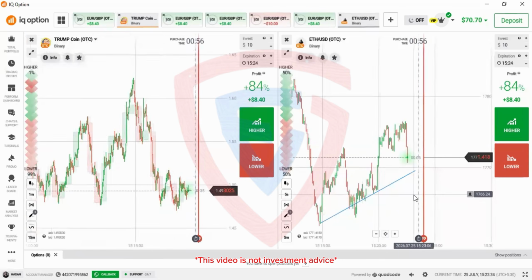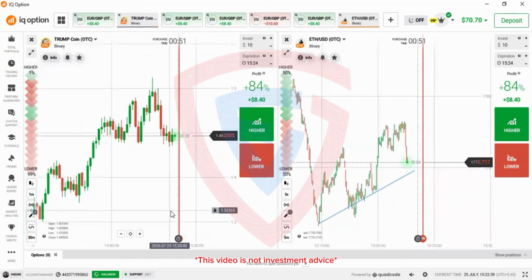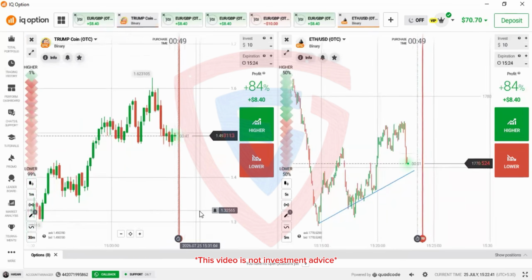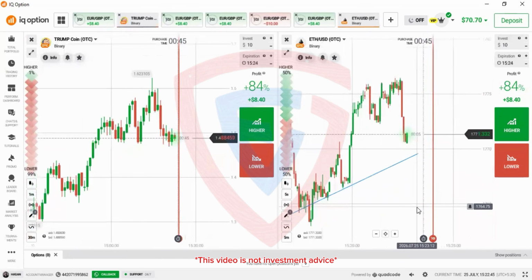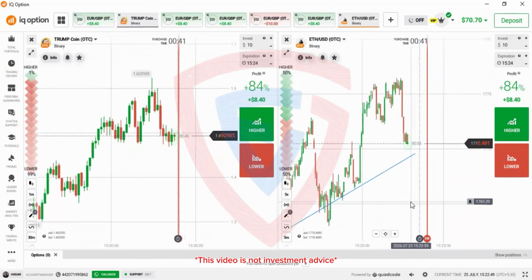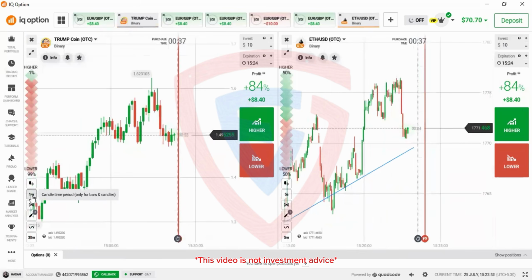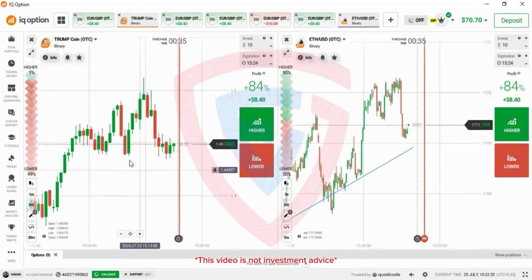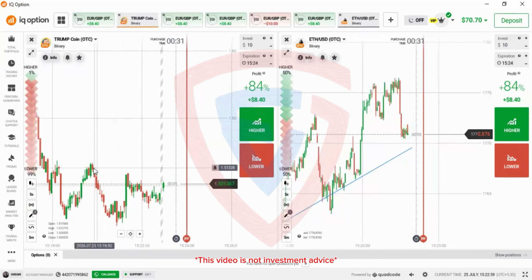Okay, it is coming to this point. So it is a level. The market is getting support here, but there is no new high.